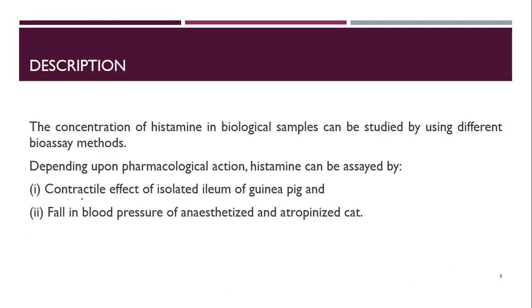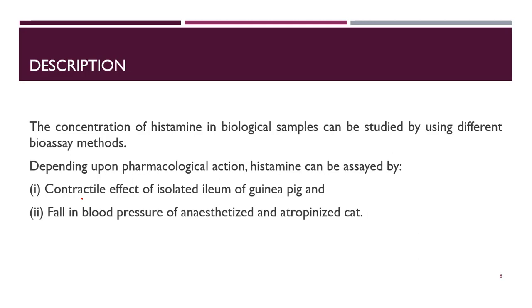Okay, so the concentration of histamine in biological samples can be studied by using different bioassay methods. Depending upon pharmacological action, histamine can be assayed by, first, the contractile effect on the isolated ileum of the guinea pig, and second, the fall in blood pressure of an anesthetized and atropinized cat.